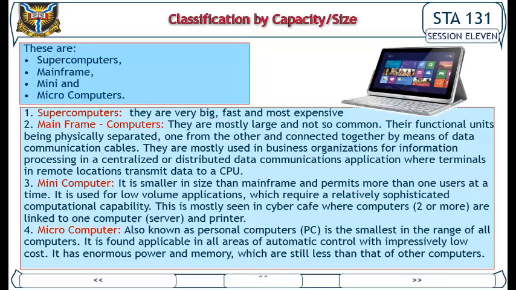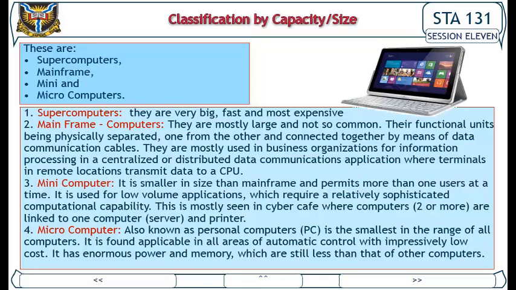3. Mini computer. It is smaller in size than mainframe and permits more than one user at a time. It is used for low-volume applications which require a relatively sophisticated computational capability. This is mostly seen in cyber cafe where computers, 2 or more, are linked to one computer, server, and printer. 4.